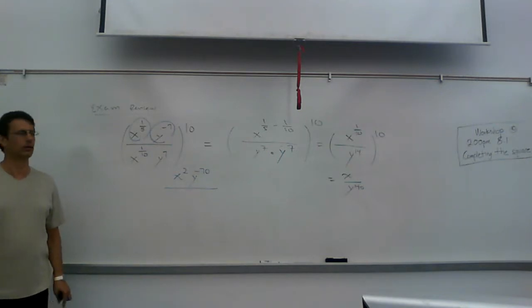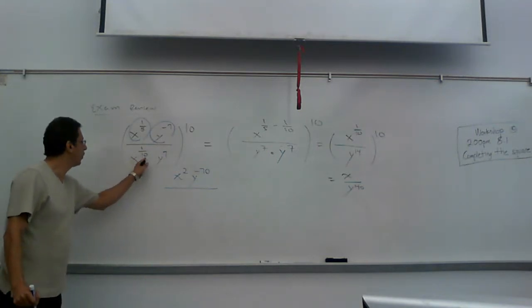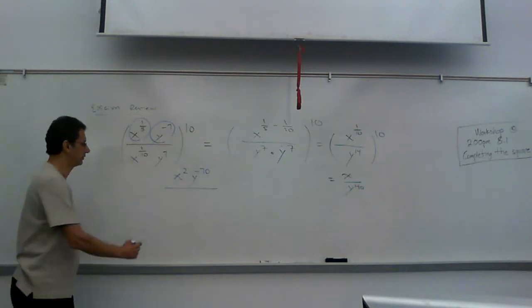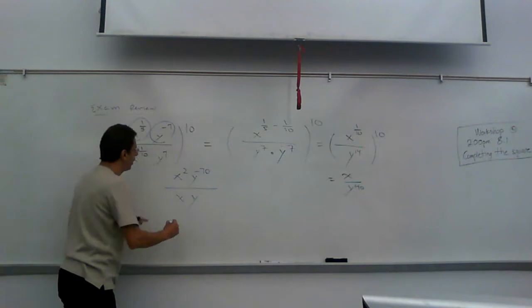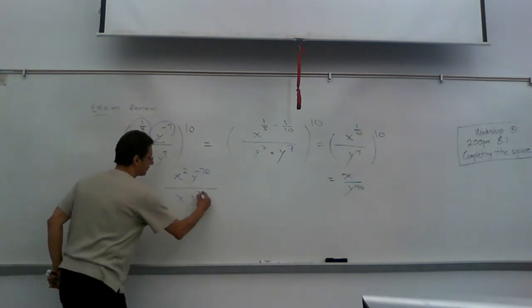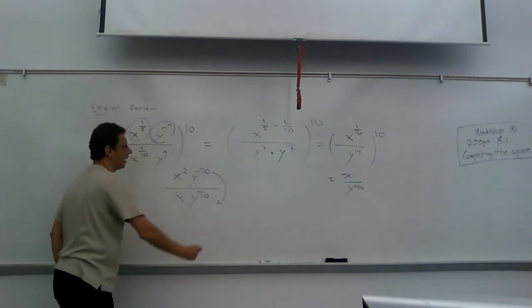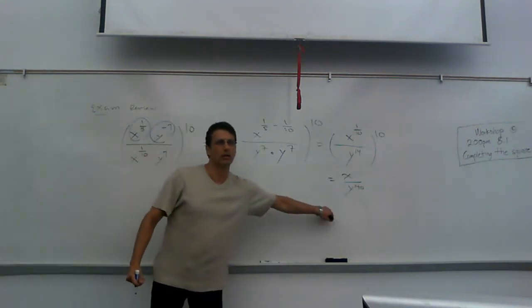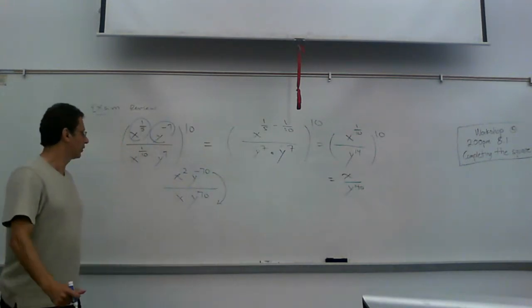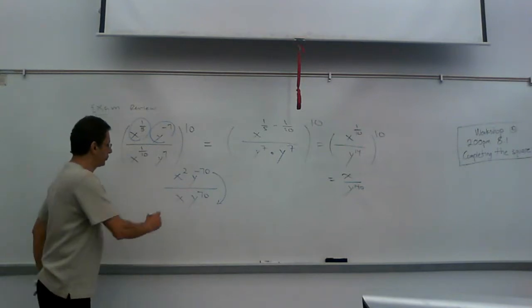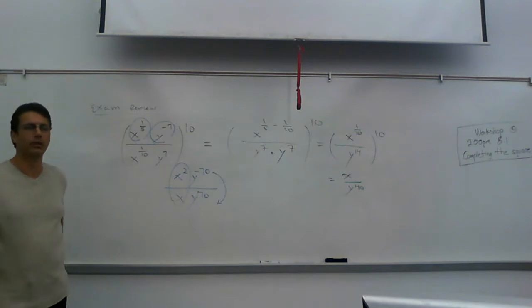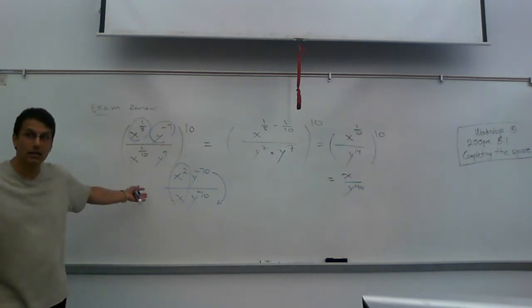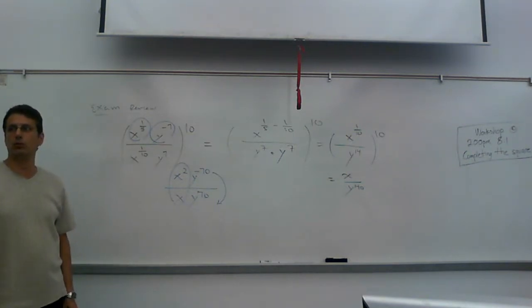You see that? x to the power of 1/10 times 10 is 1. And then y to the power of 7 times 10, so this comes down, becomes +70. You get y to the power of 40, x squared and x cancel each other, and they give us x only at the top.